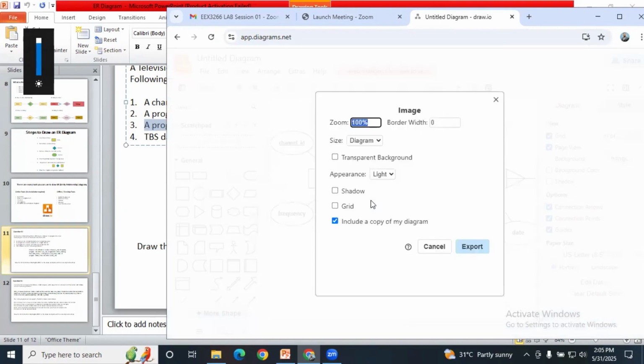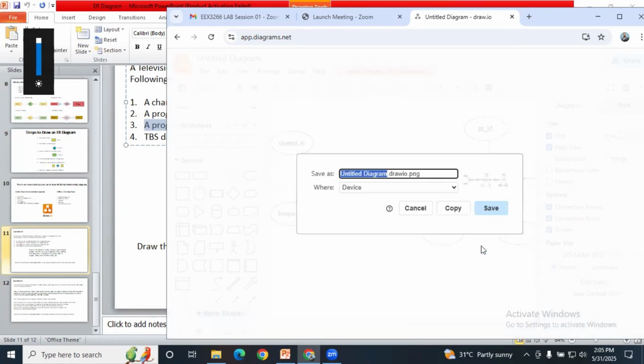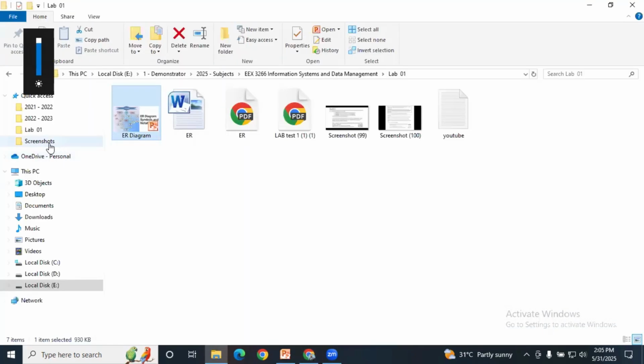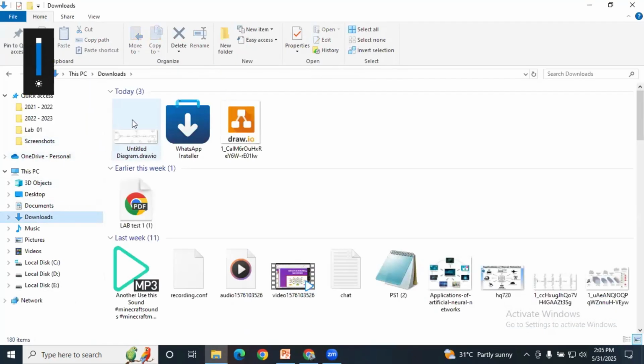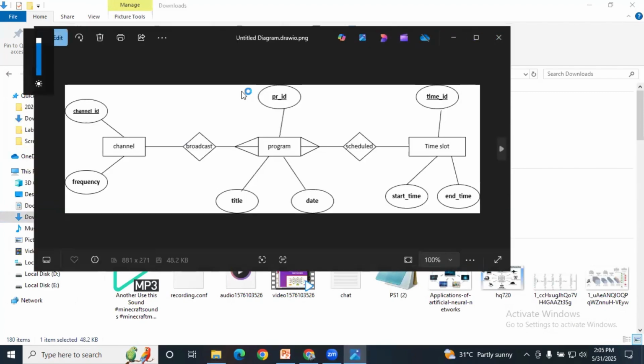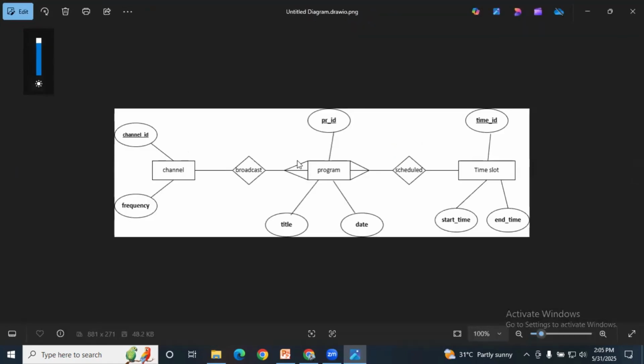In here you can download with the PNG format and save it. So go to your download folder. You can get the result like this. So according to that scenario, this is the ER diagram. Okay.